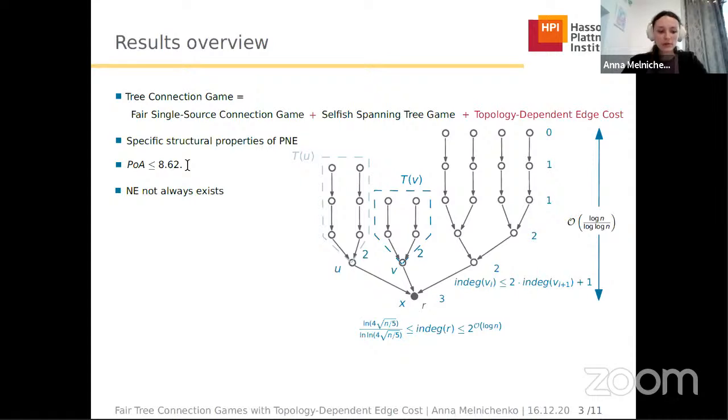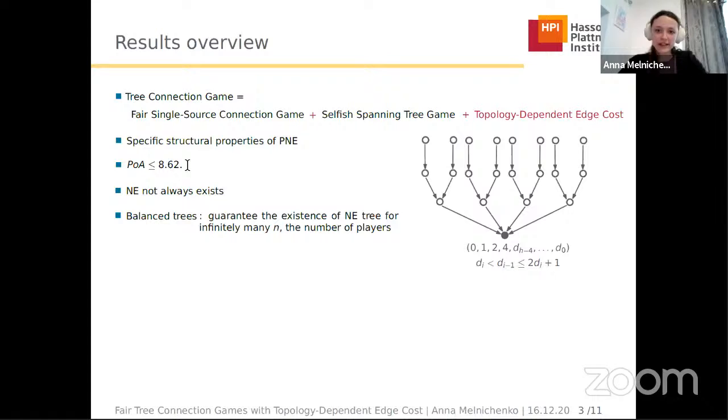Unfortunately, we proved one negative result, which states that a stable state does not always exist. We conjecture that it exists for infinitely many numbers of agents, but unfortunately not for all. To support our conjecture, we discovered a class of balanced trees.